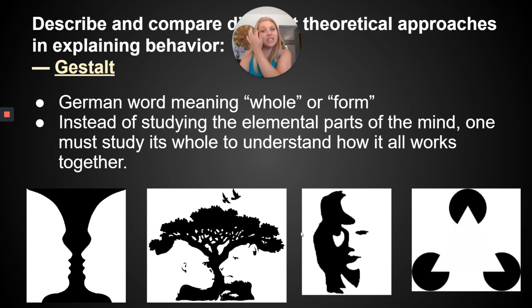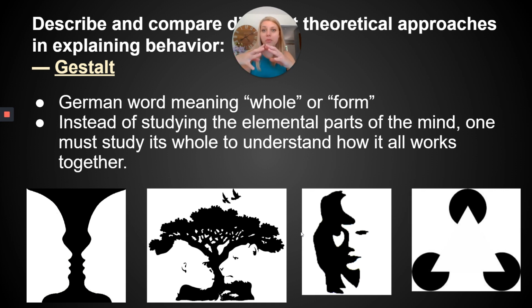One of those is actually a German perspective, and it came pretty early on, around the time of Titchener, and it's something known as Gestalt. Gestalt, one word. Gestalt is a German word that means whole, or to create a whole form. In Gestalt psychology, instead of trying to look at these elemental pieces, all these different parts of the brain, we got to treat it as a whole.